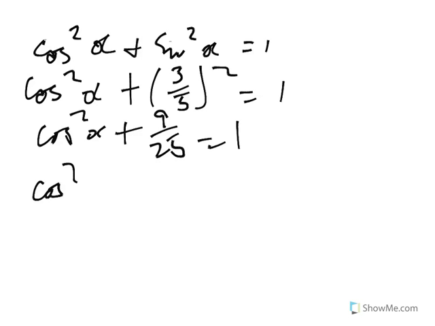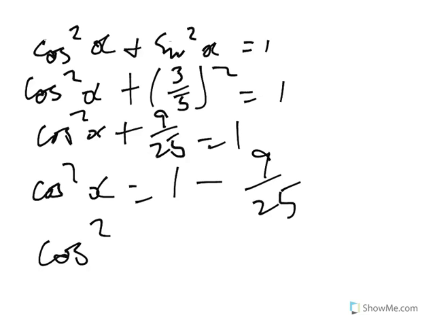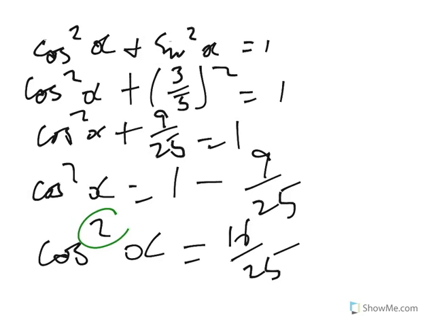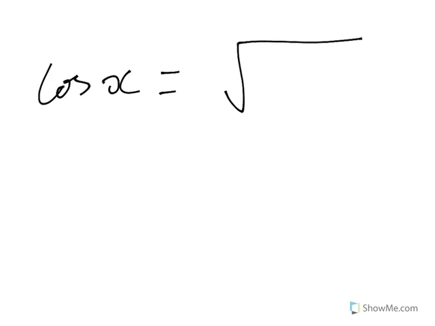So cos squared x is 1 minus that, and when you work it out, 16 on 25. Now, to get rid of this squared here, we would need to square root both sides. So cos x would be the square root, plus or minus, of 16 on 25.